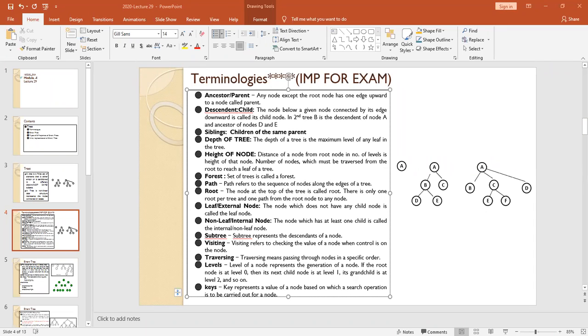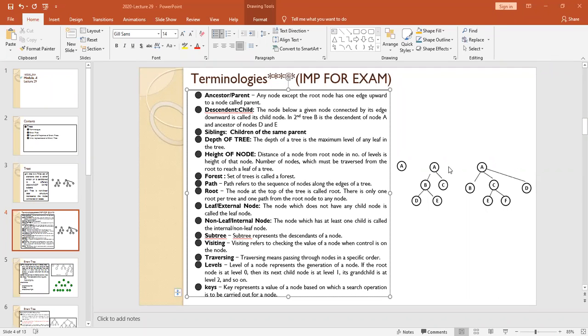Sorry, height of a node. It is 0. As I have already told, height of a node means the distance of the node from the root node in number of levels.